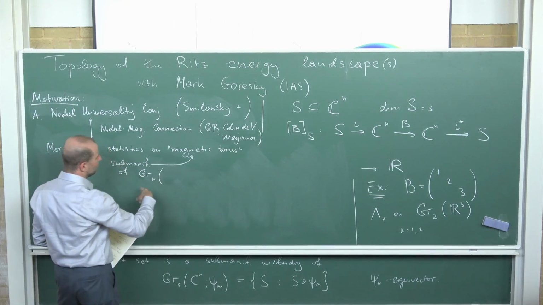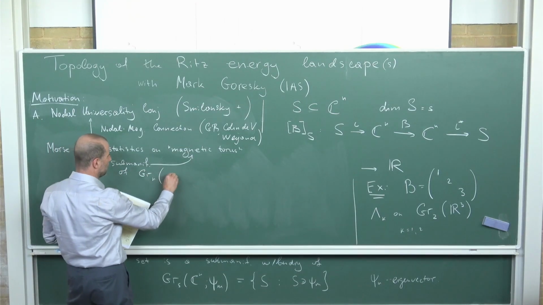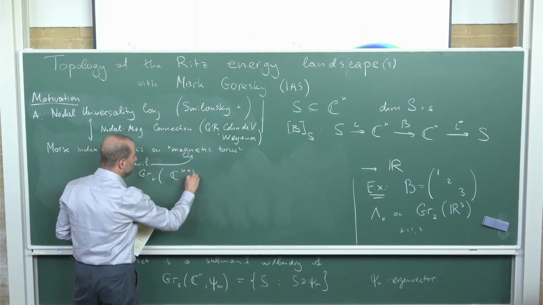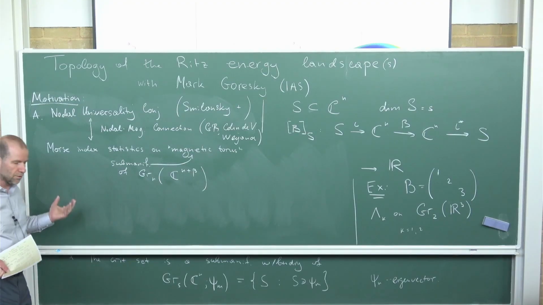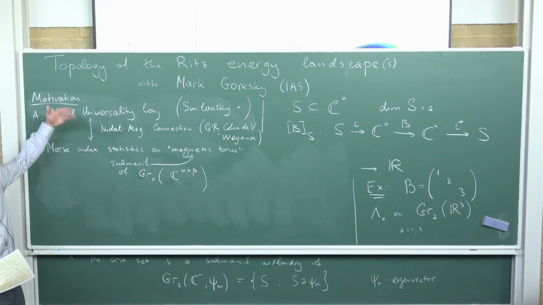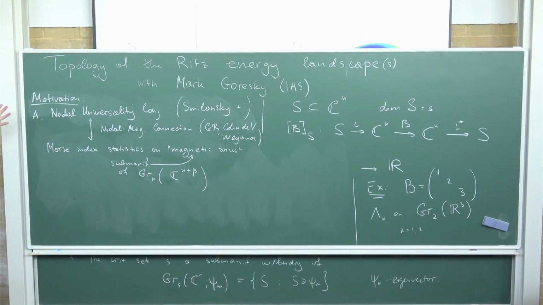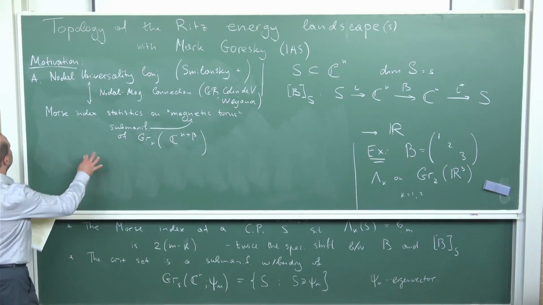Suppose you have a graph with n vertices, then it's a submanifold of the Grassmannian, and you up the dimension by the number of cycles in the graph. So the question I'm posing is really a toy problem. I want to understand what can be said about Morse theory when this eigenfunction is non-smooth. But there are some links.